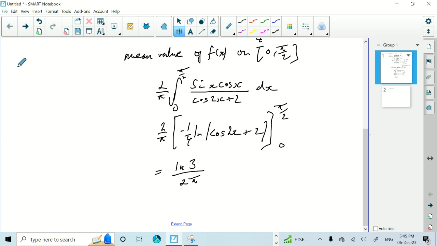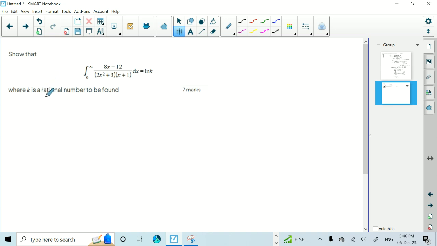Okay, then we have another question for methods in calculus, an interesting one, on the next page, page number 2. It's all in real time.